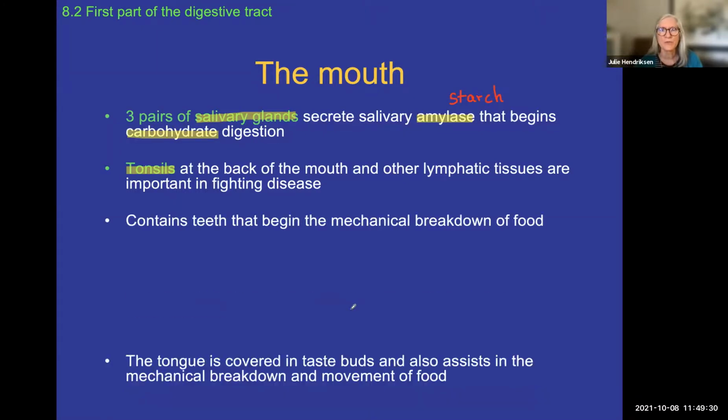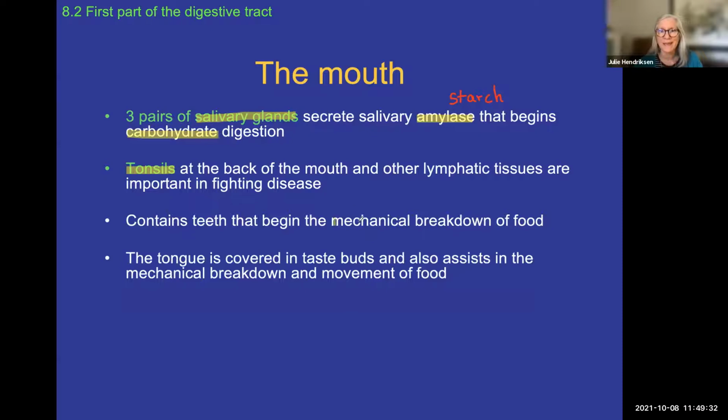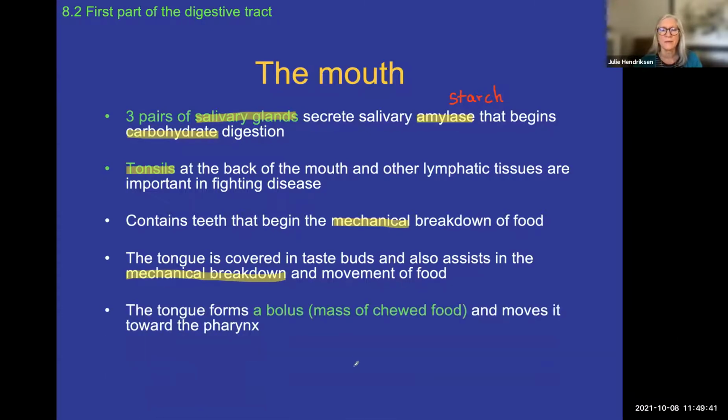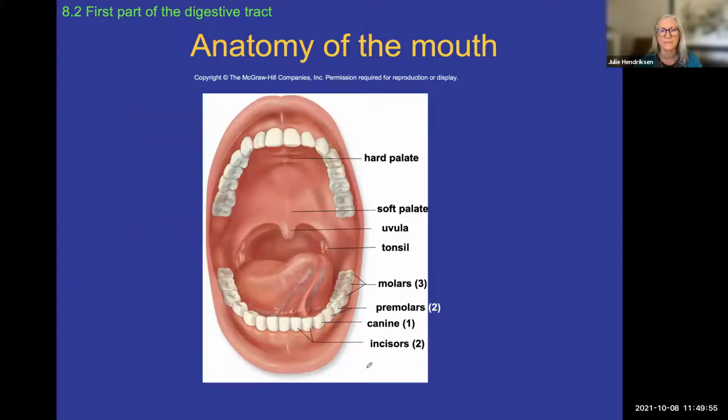And then, of course, your teeth are present to help with mechanical digestion. The tongue moves the food around. That's also helping with mechanical breakdown of the food. And one description of food as it moves through our system is this description of a bolus. That just means a mass of chewed food, and that's what moves towards your pharynx and then down your esophagus.